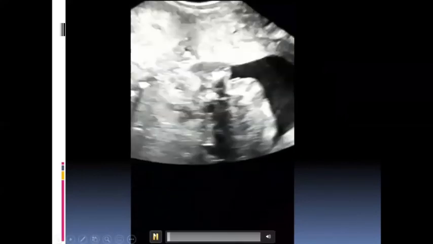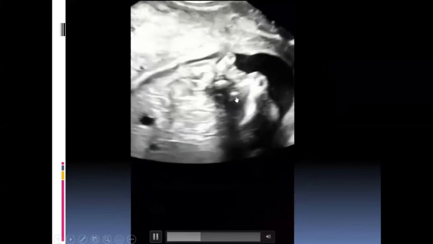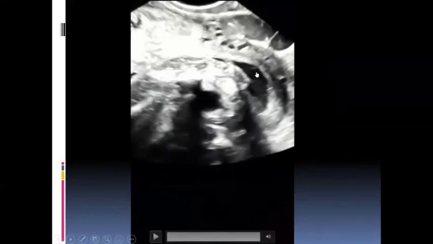Because we don't have much time, I'll just say this. There is a spina bifida, an open spina bifida. So what has happened is a Chiari 2 malformation. There's a spina bifida with cerebellar herniation, a small posterior fossa and hydrocephalus.